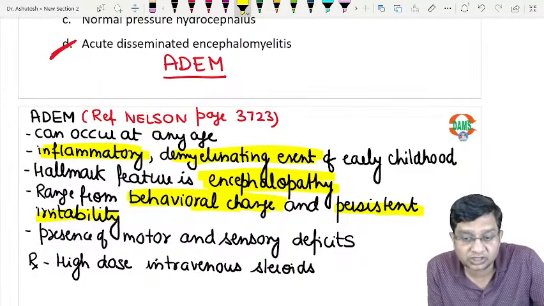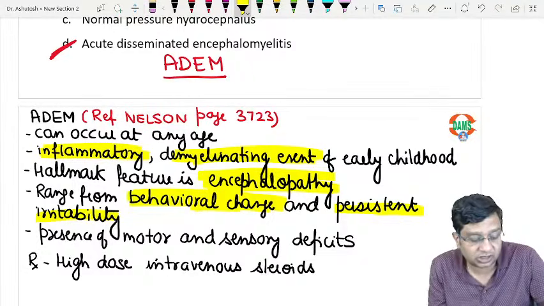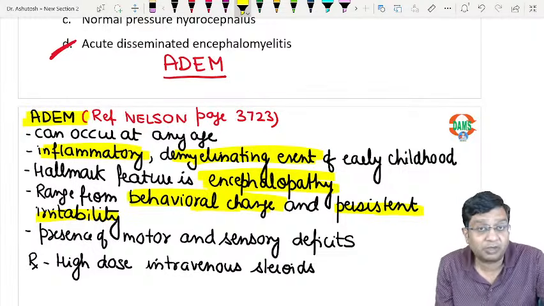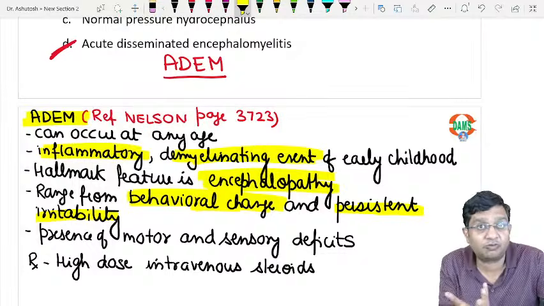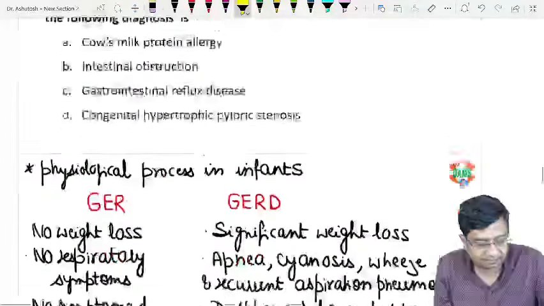There can also be motor and sensory deficit, and the treatment is high-dose intravenous steroids. This was a small thing, but remember behavioral changes. That means the parenchyma has to be involved somewhere, which can explain these changes. So the right answer, if cringing behavior was given, is ADEM.